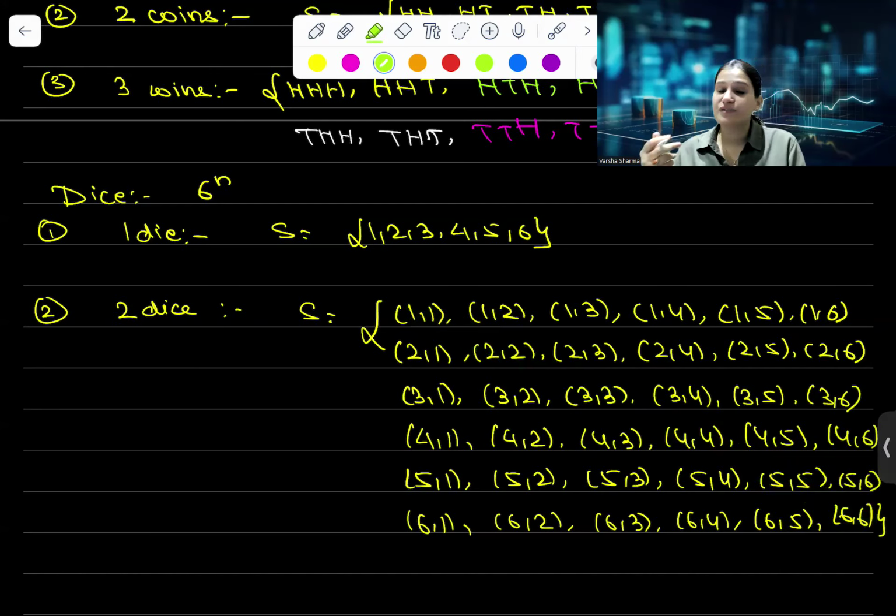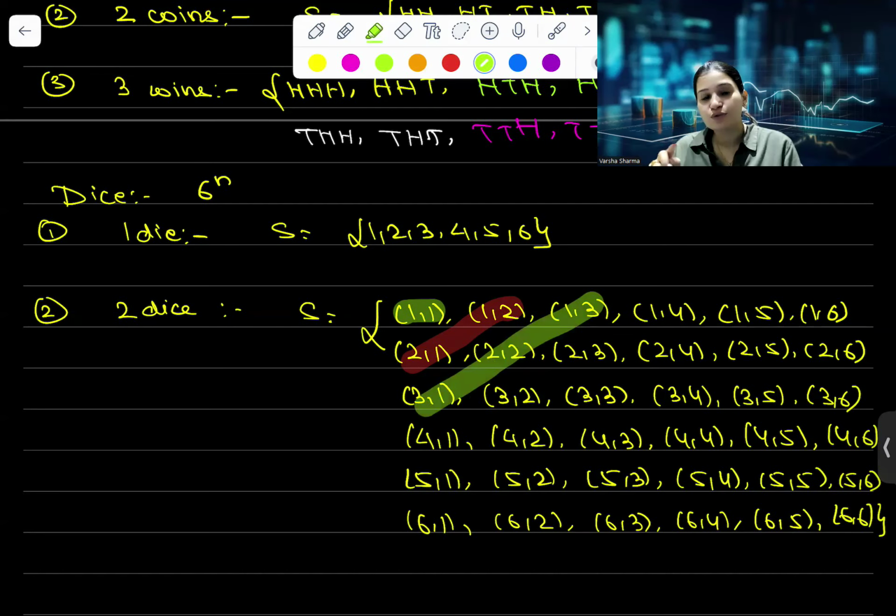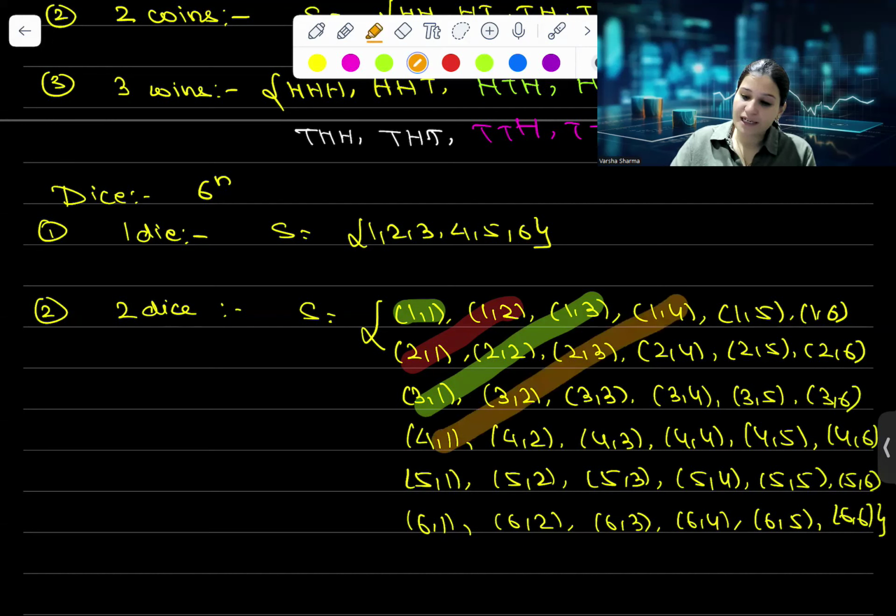Now, sum of the numbers, total of the numbers. If you add 1 plus 1, you get 2. These two when added, 1 plus 2, 2 plus 1, will give you 3. These when added, 1, 3, 2, 2, 3, 1 will give you 4. These 4 when added, 1, 4, 2, 3, 3, 2, 4, 1 will give you 5.